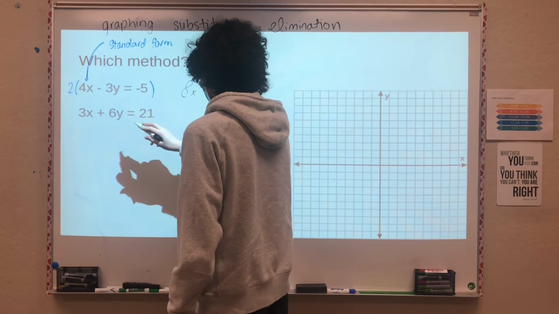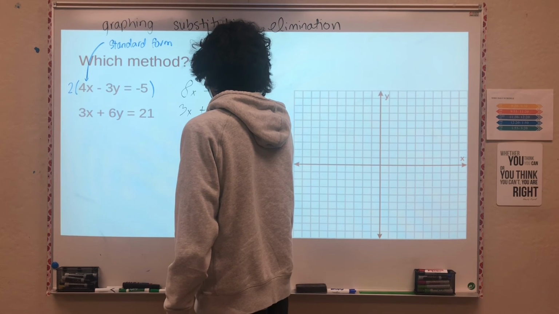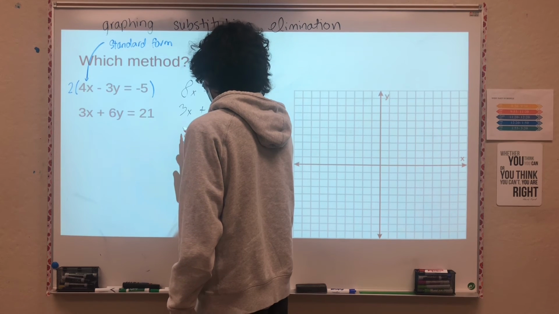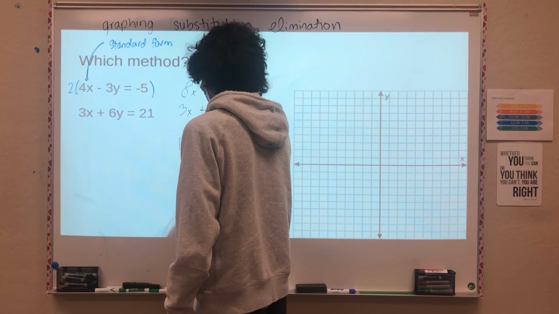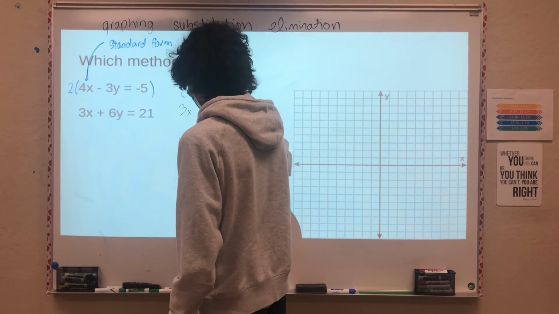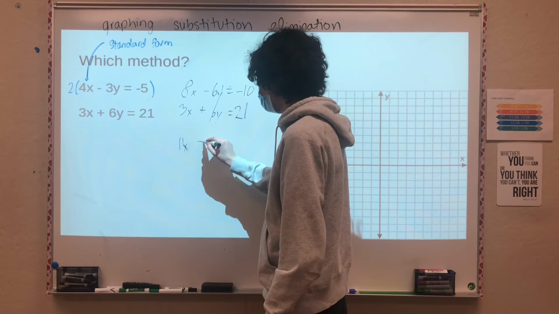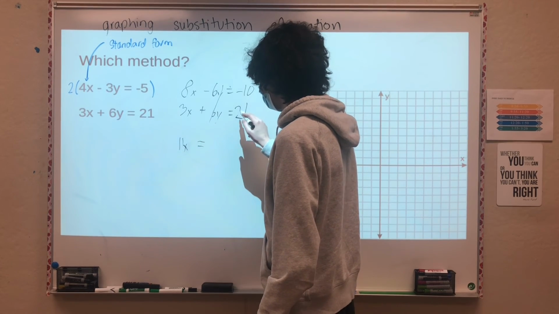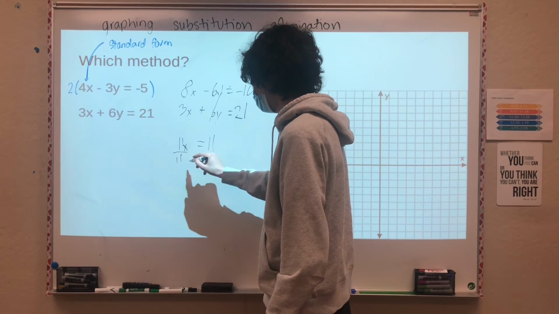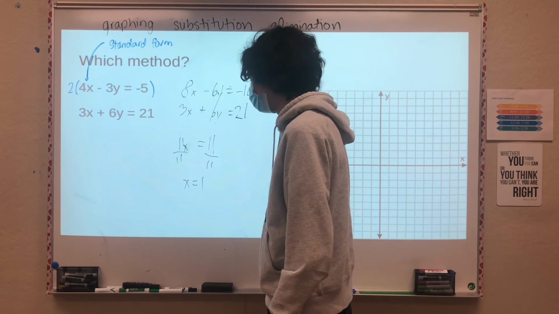And you don't do anything to this, so you just bring it over: 3x plus 6y equals 21, and then you do the math. 11x, this is canceled, equals negative 10 plus 21, which is 11. Divide both by 11. X equals 1.